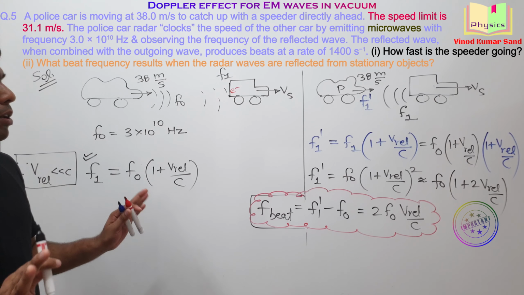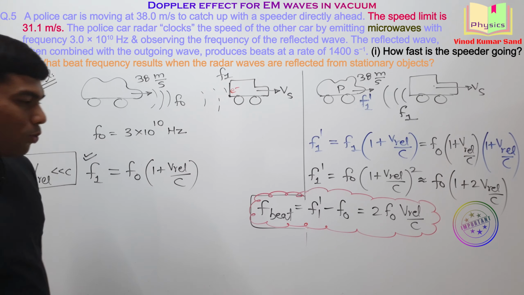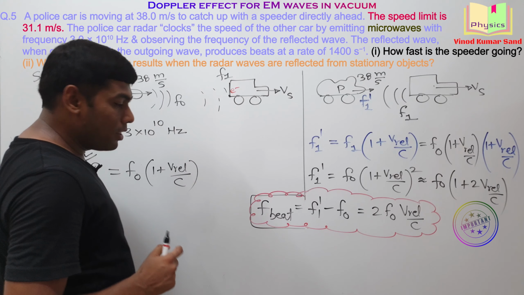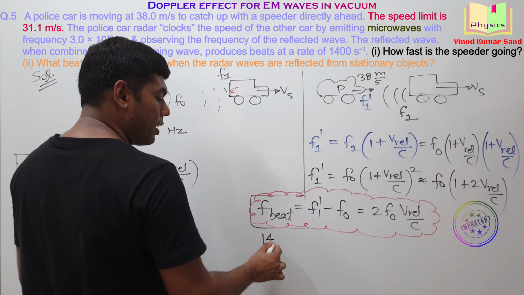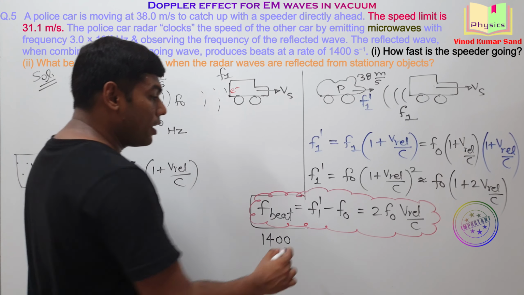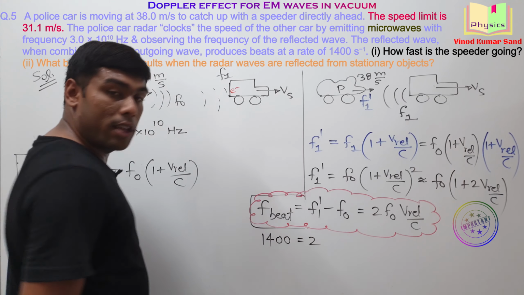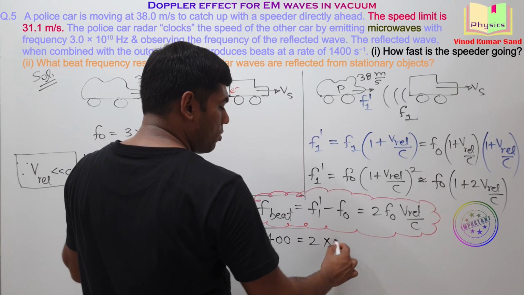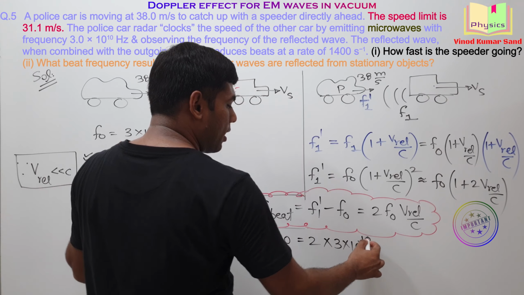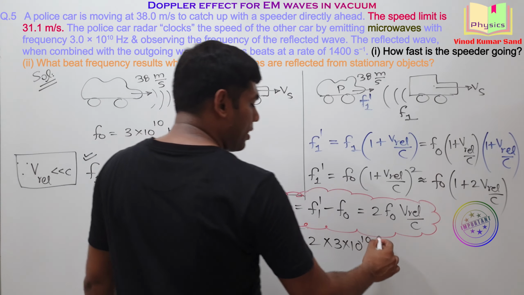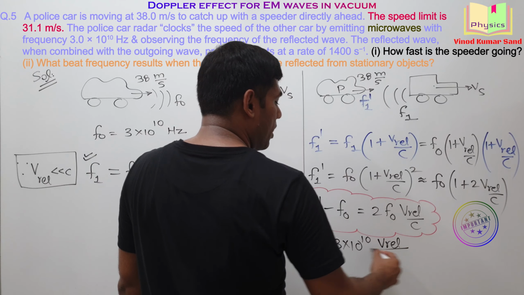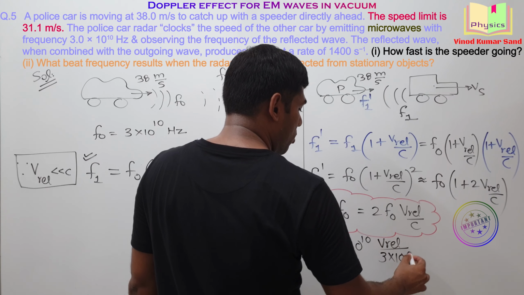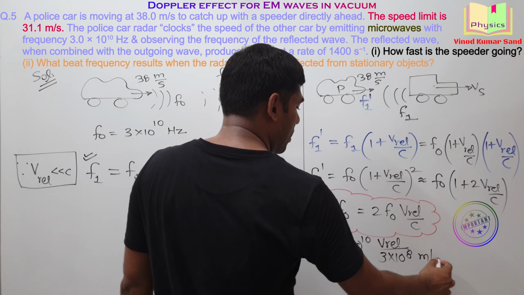Now we have all the data, so we can do the calculation very easily. According to the data given in the question, f beat is 1400 hertz, equal to 2 times f0. The f0 was 3 into 10 to power 10 hertz. V relative is unknown, divided by the speed of light in vacuum, 3 into 10 to power 8 meter per second.